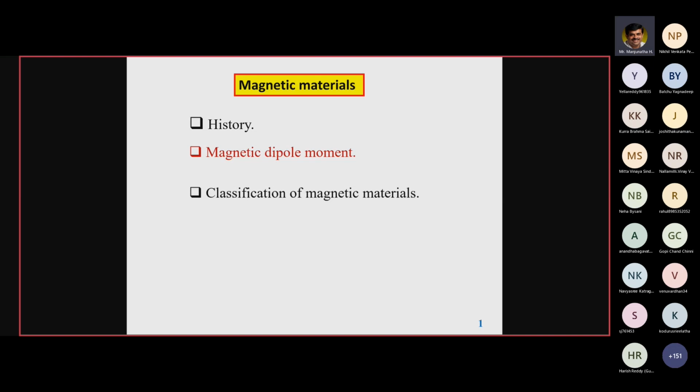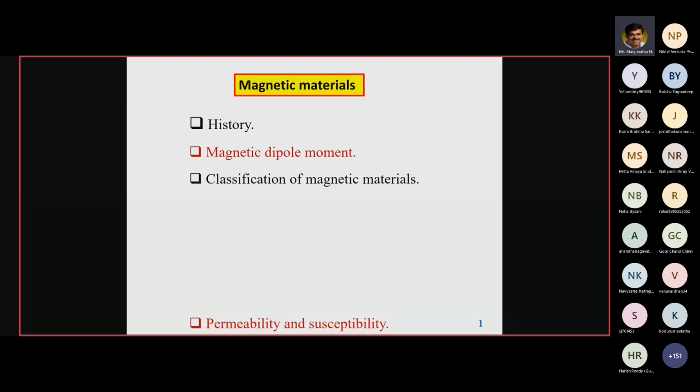I am going to classify the types of magnetic materials and how they are classified, in a little bit higher order. And we talk about these two, which are very, very important: permeability and susceptibility. When you talk about the electric field, permittivity will come. So permeability and susceptibility, students. It will take some more time, not a problem.